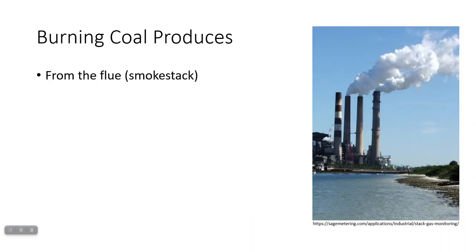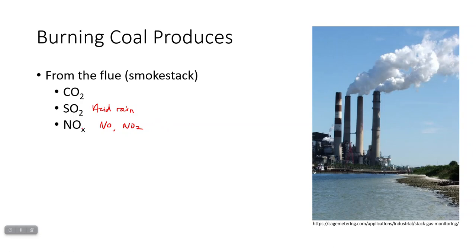But burning coal produces additional pollutants. So from the flue or the smokestack, you get not only CO2, but you get sulfur dioxide. When we talk about air pollution, we're going to learn this contributes to acid rain. It also produces nitrogen oxygen containing compounds, which can be anything from NO to NO2 to other mixes of nitrogen and oxygen.